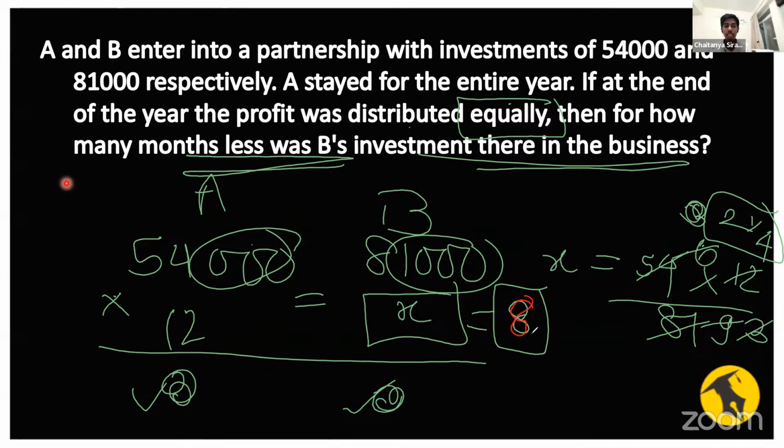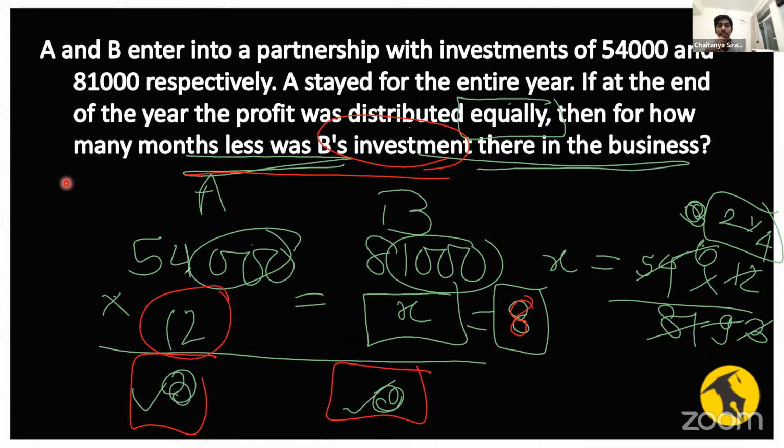The essence of percentage here is this is equal. So this is very similar to the rice question we did, or the length and breadth question we did. The question could have been framed either way. By what percentage is B's duration in the partnership less than 12? So here it is 8, here it is 12. So what's the percentage less? It is 4 upon 12 if it is less than 8.